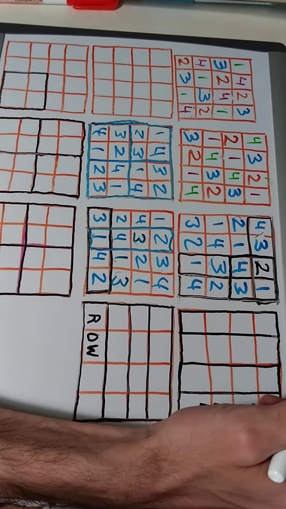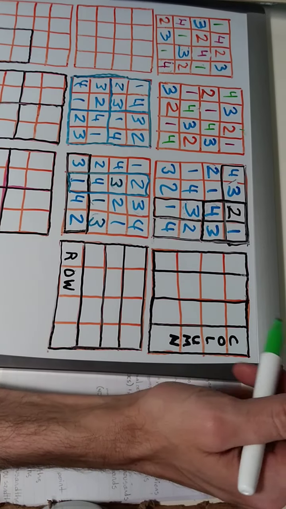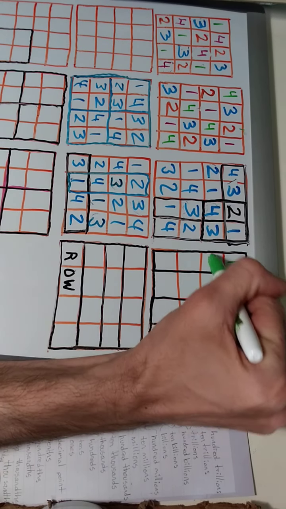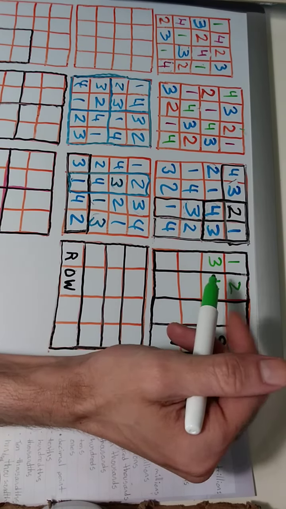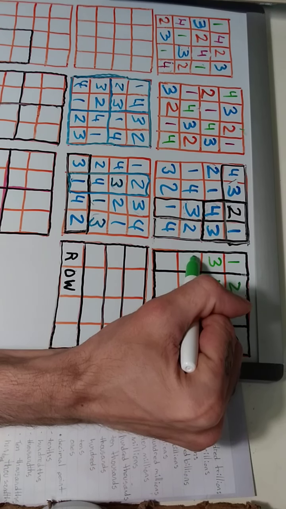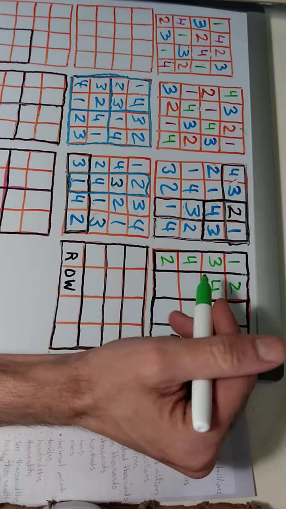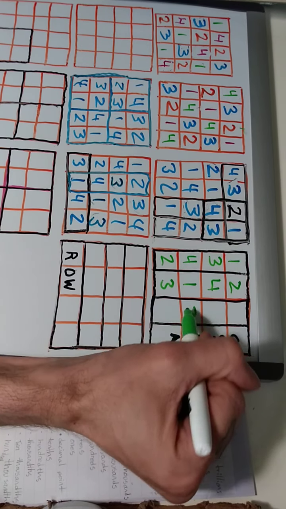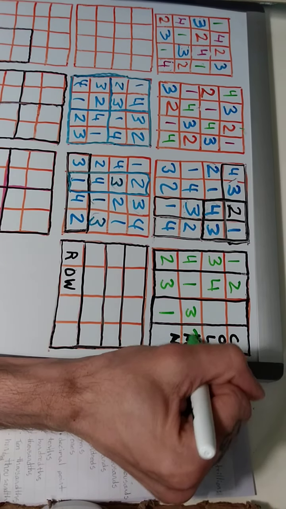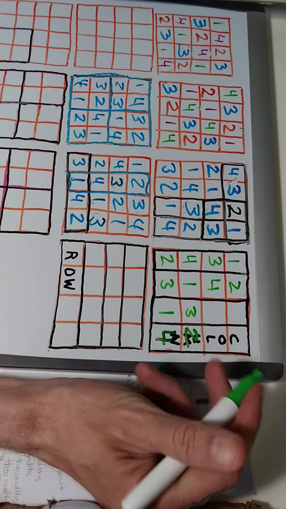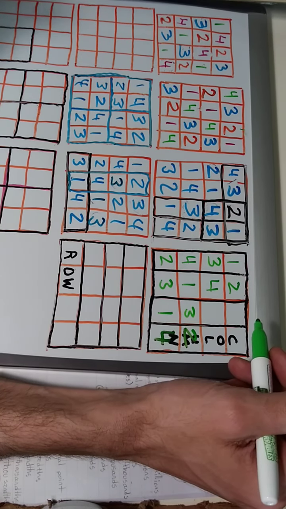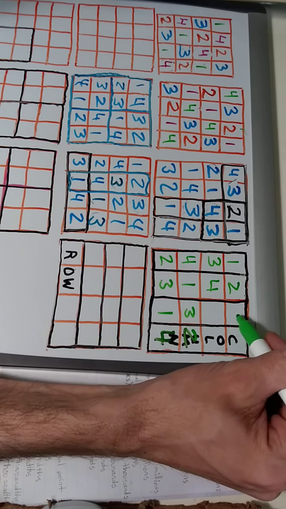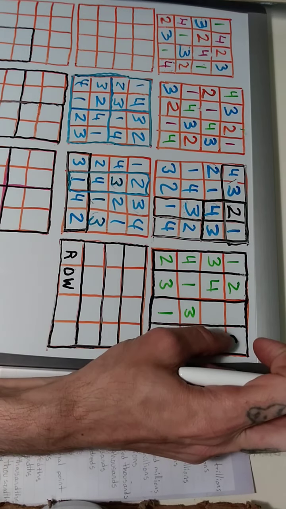Let's say 1, 2, 3, 4, 4, 2, 1, 3, 3, 1, 2, 4. And then to solve this, we could even leave this as something to solve for somebody.